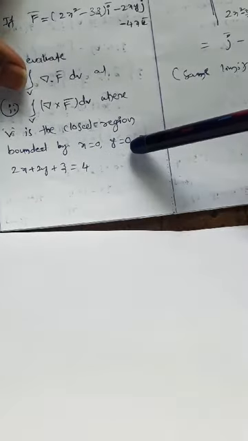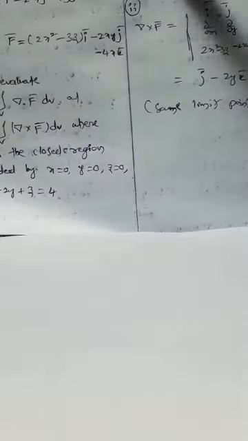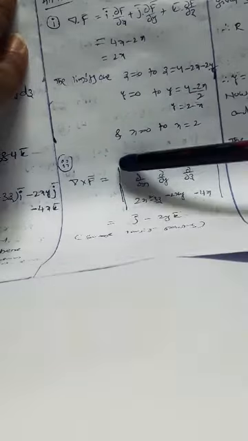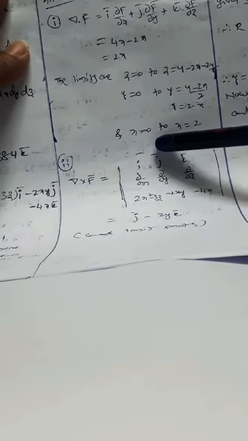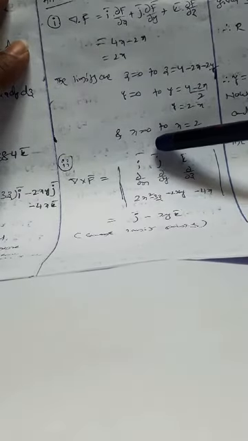And the z limit values: x varies from 0, y varies from 0, z varies from 0 to 4 minus 2x minus 2y. When z equals 0, y varies from 0 to (4 minus 2x) by 2. If we are going to find the x limit values, then y and z coordinates will become 0.